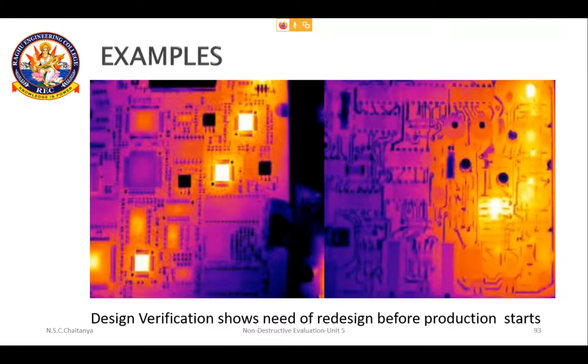So what they will do is redesign. Design verification shows need of redesign before production starts. So this is one very good thing that can be achieved using your thermographic test.